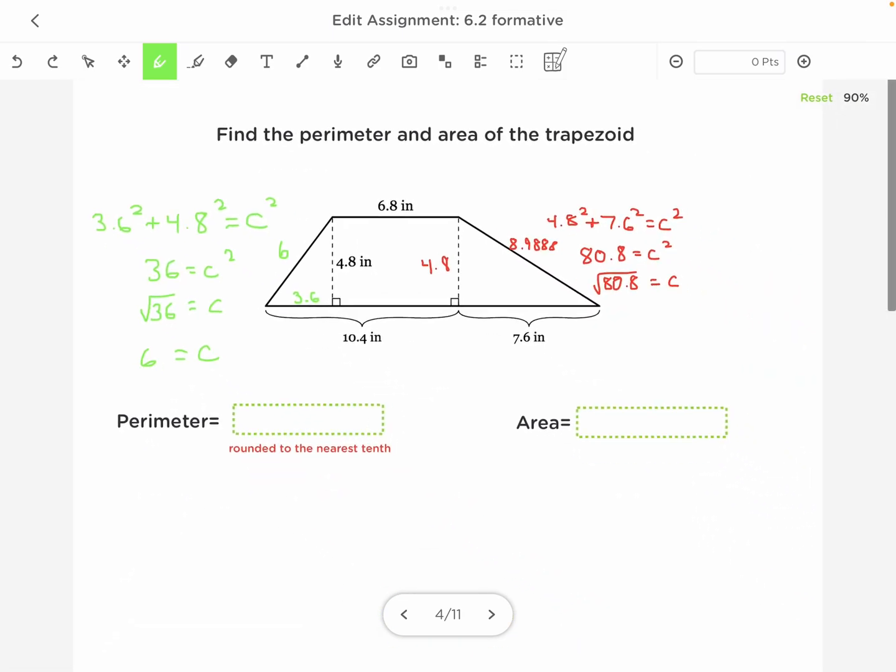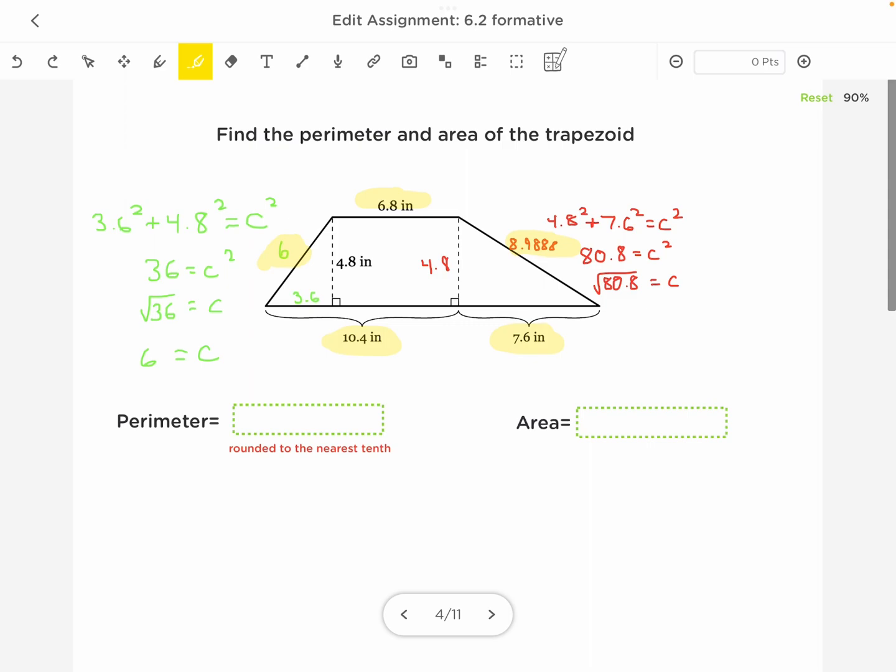So, if I want to find the perimeter, the top is 6.8. The right side is this long decimal. The bottom is 7.6 plus 10.4 because it's the whole thing. And then the left side is 6 here.